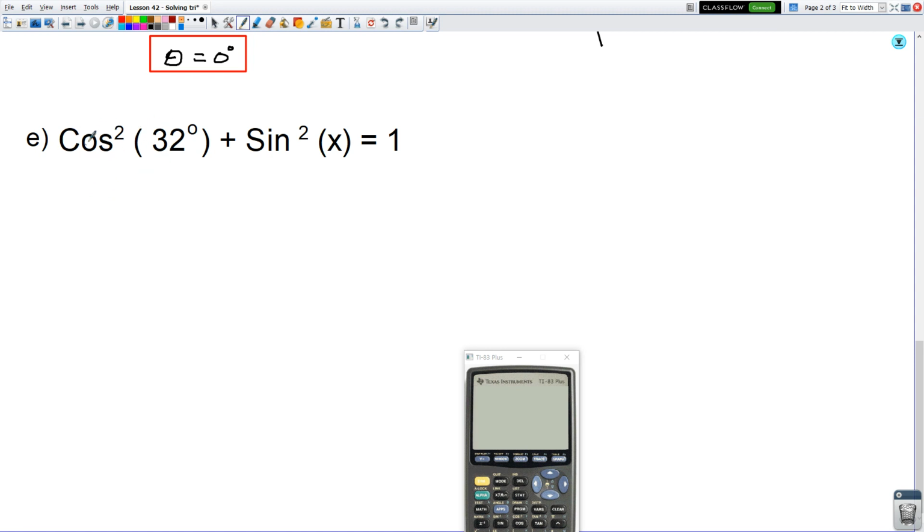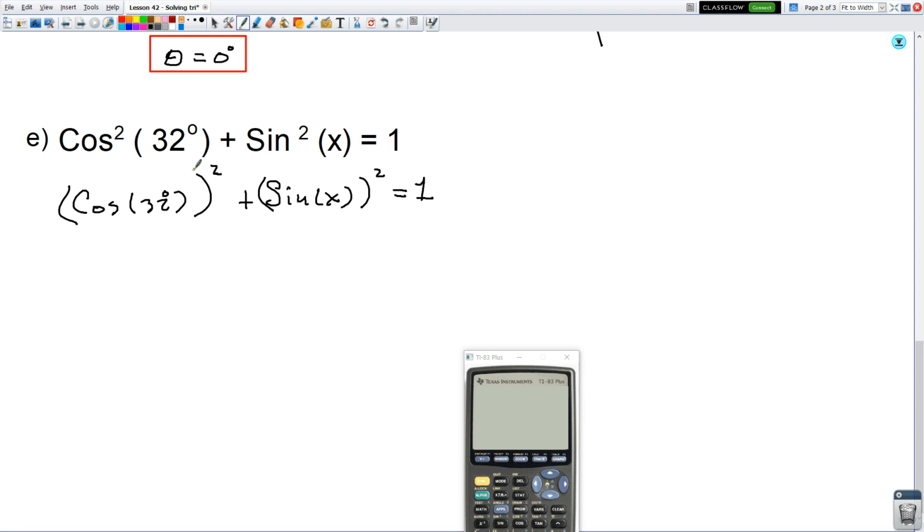Because here, notice that cosine square of 32, we can rewrite as cosine 32, the whole thing, raised to the second exponent, plus the sine x, all to the second exponent, equals 1. This is just notation. You can leave it as the original problem.